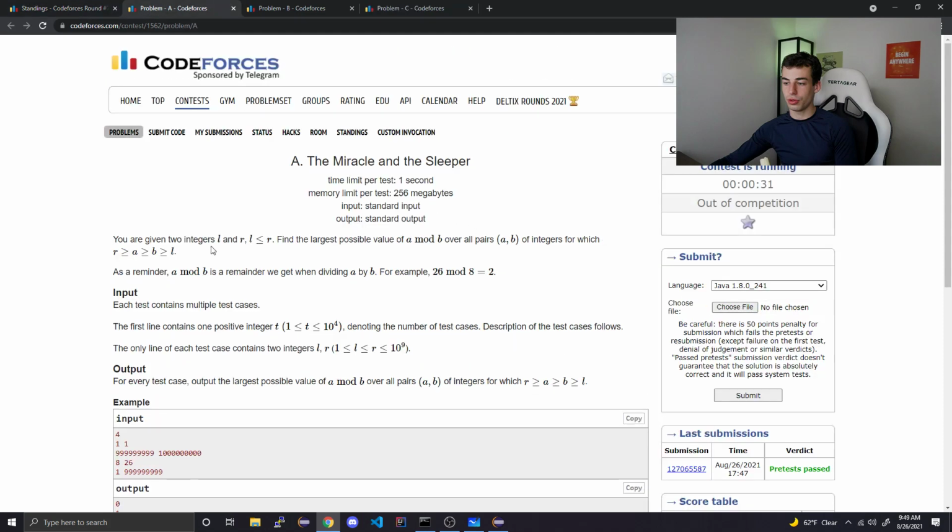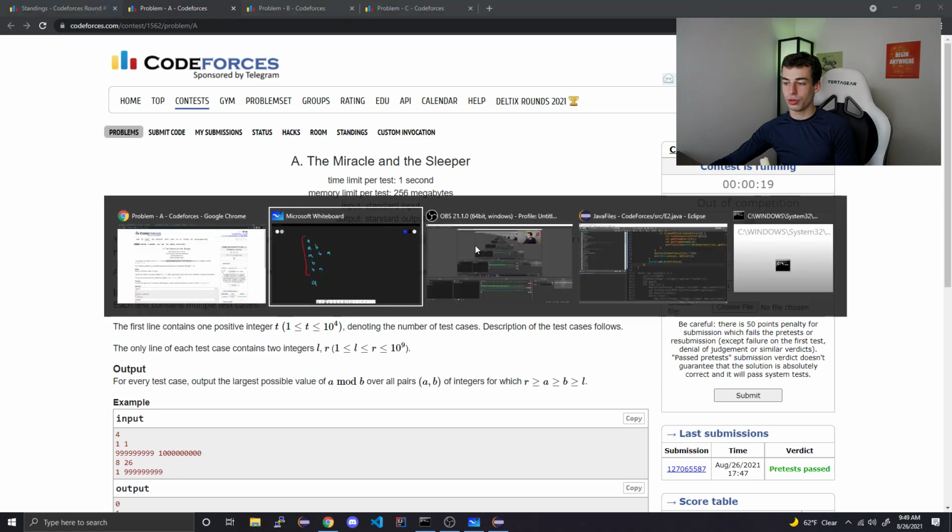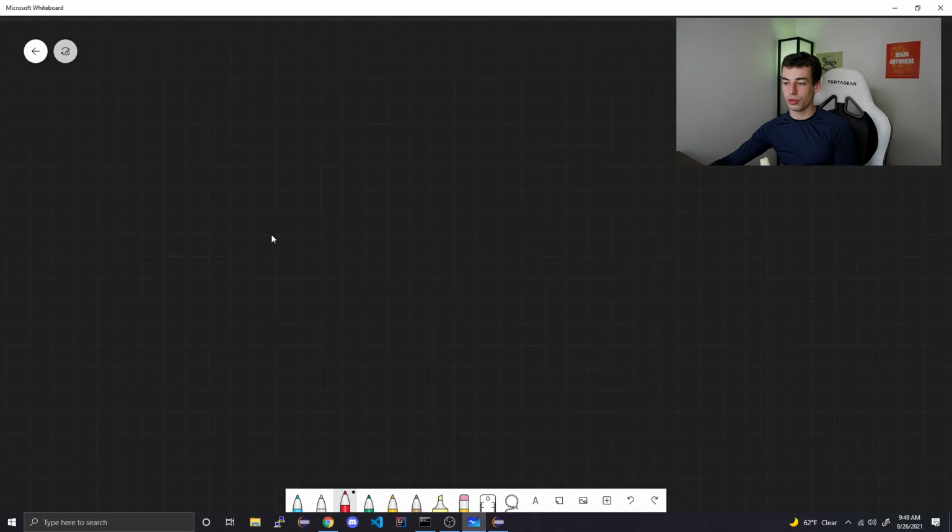The miracle and sleeper. So we have two integers, L and R, and we want to find the largest possible value of A mod B over all pairs A, B of integers. I don't really have a proof for this, but we have B, right? We want to get the answer as close to B minus 1 as possible.